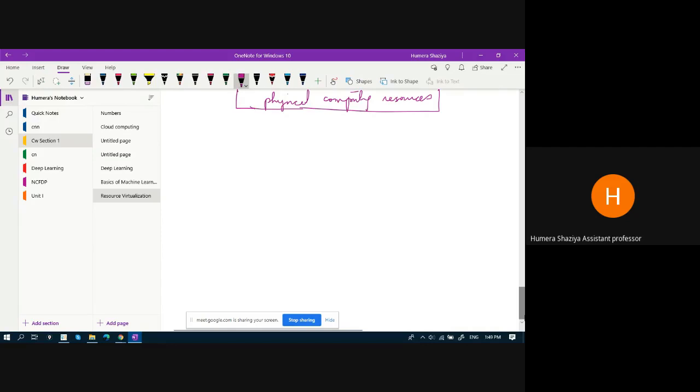If you want your application to run on a variety of hardware, then you go for the hosted approach. If you are okay with limited hardware support, then you go for the bare metal approach.